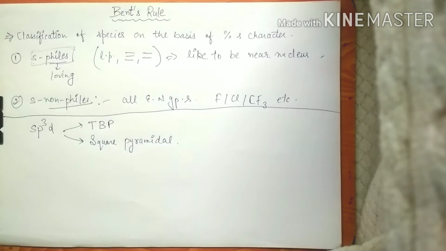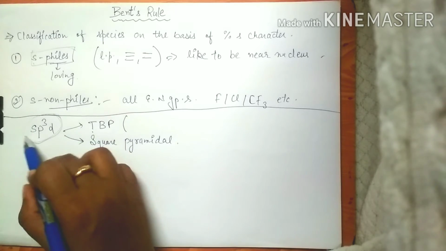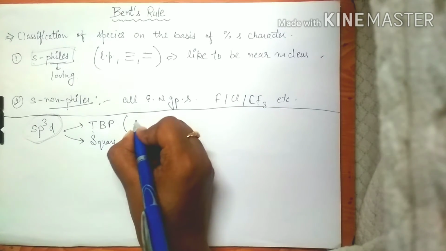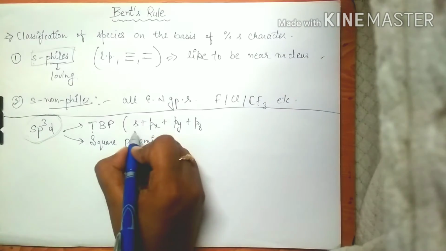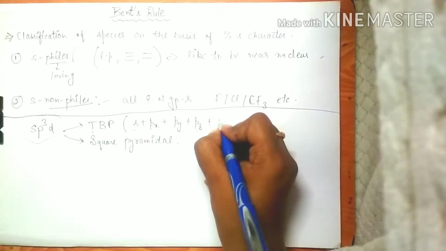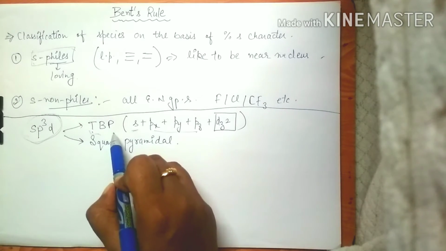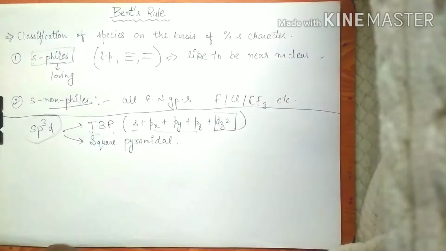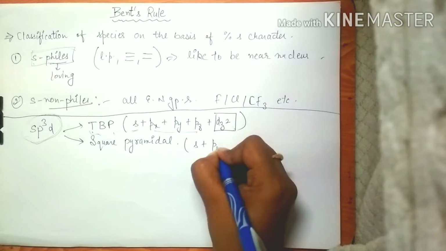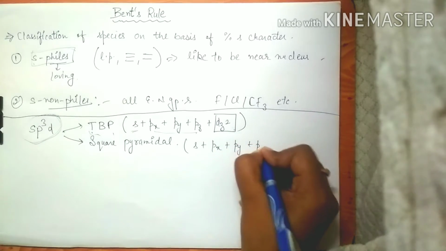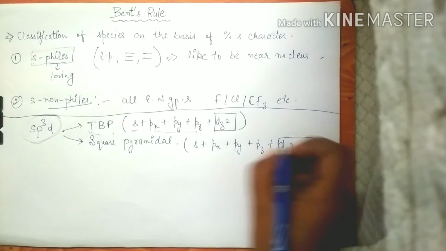If the geometry is trigonal bipyramidal, then this hybridization has taken place by the mixing of the orbitals s, px, py, pz, basically s and all the p orbitals, along with dz square. This is very important: in trigonal bipyramidal, the d orbital which we take is dz square. In square pyramidal, the orbitals will be s plus px plus py plus pz plus dx square minus y square.